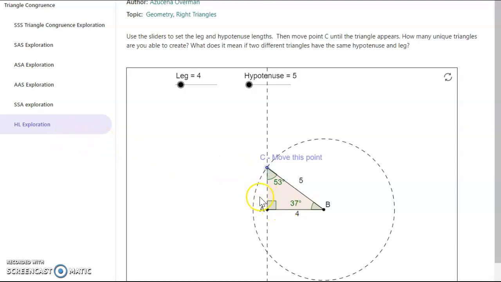Okay, but have you noticed this is actually just a special case of angle, side, side. Remember we said that angle, side, side, or side, side, angle is not a valid congruence triangle rule. But this happens to be a special angle, side, side. And this is only true if you have a right angle and you have the hypotenuse length and one of the legs.